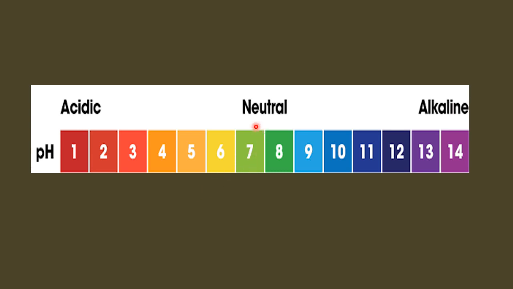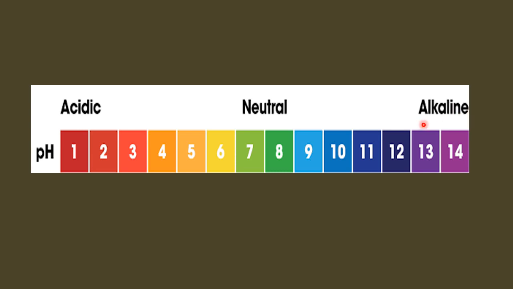While the value 7 represents something neutral. And can you name any neutral substance? Yes, you are 100% right. That is water and salt. And if I move forward from 8 to 14, it means basic substances like soaps and toothpaste.